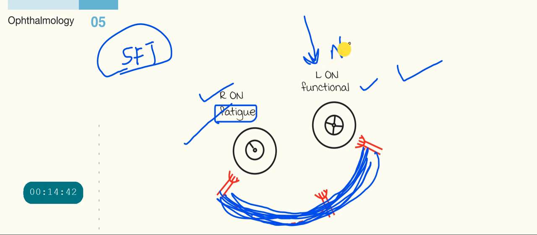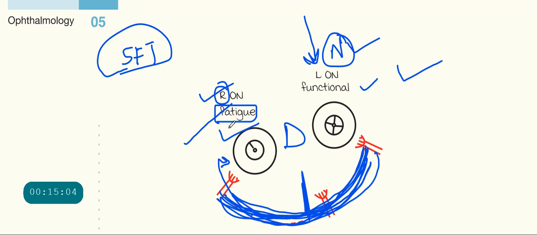When I take the light away, the pupil dilates. When I go to the abnormal eye, after the pupil gets fatigued in the right eye, what is going to happen?